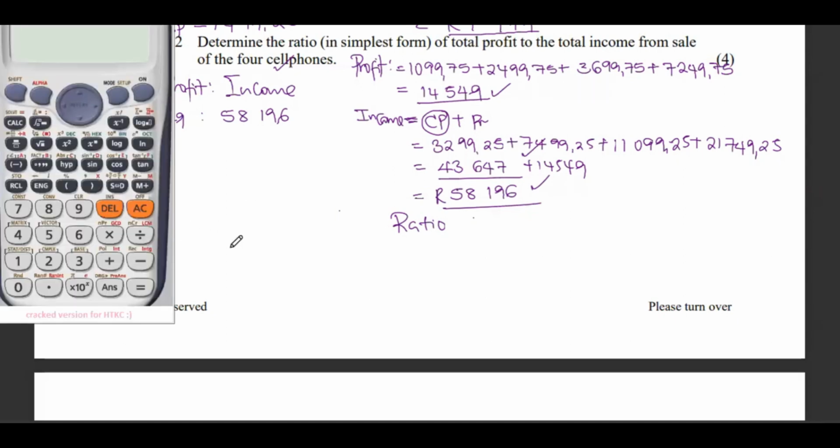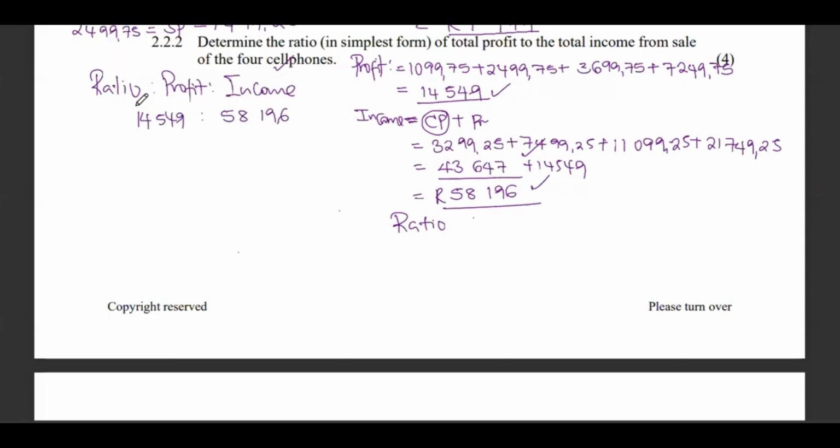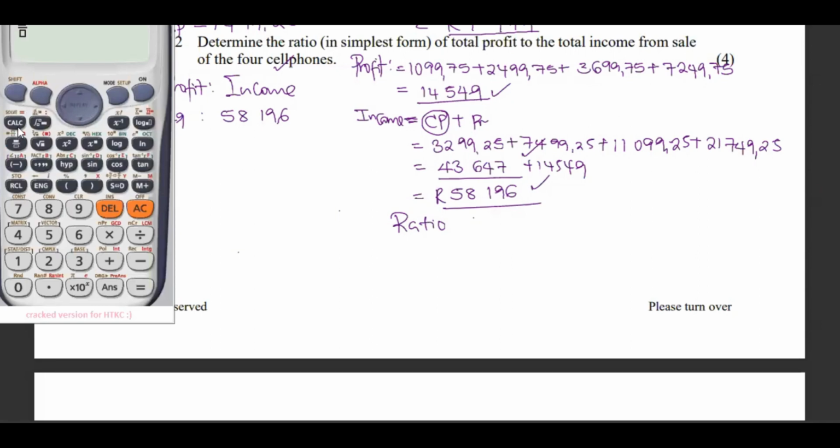So all we do here is take a big number. We shall always take, on your calculator, you press this key here, take the big number to be below and the small number on top. So we are putting in the profit, which is 14, small number on top, then the big number below, 58,196.